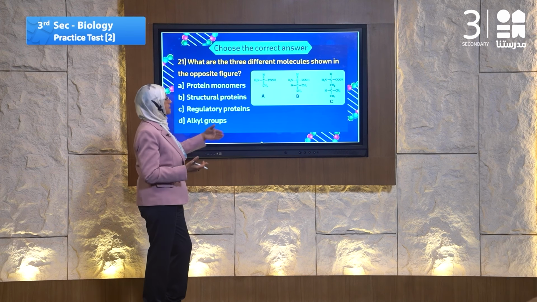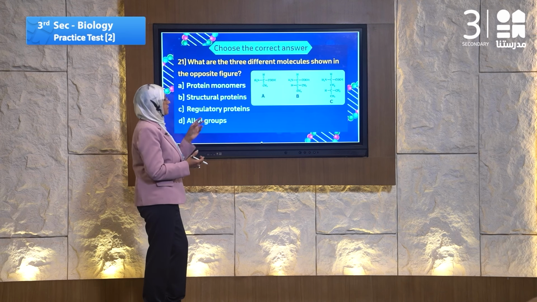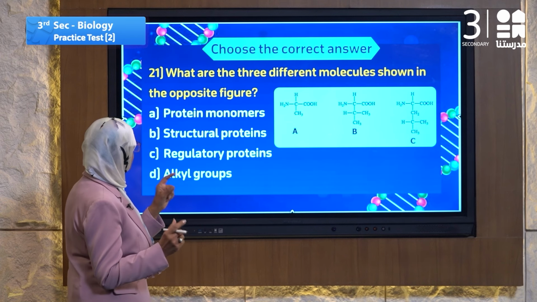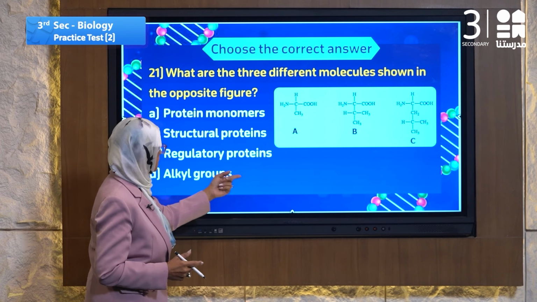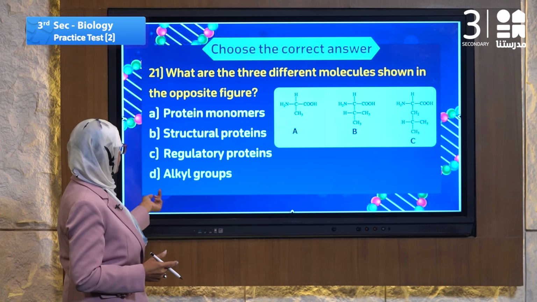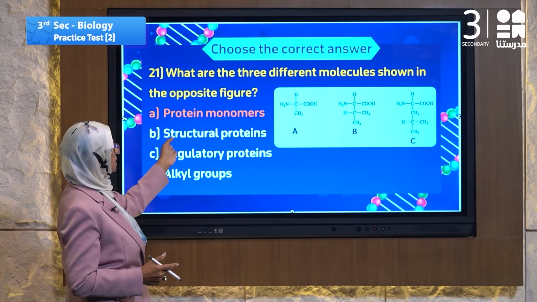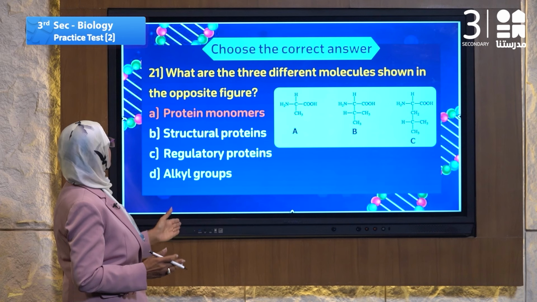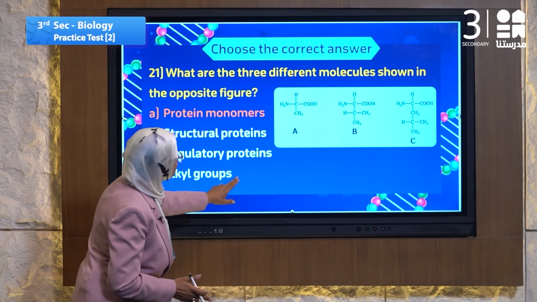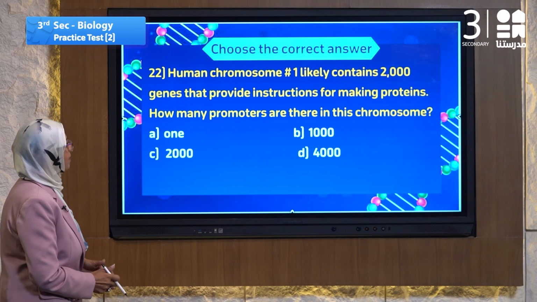It's a monomer because it consists of only a small unit of it. Regulatory protein, alkyl group. No, the answer is protein monomers. That's the structure of these 3 monomers. Okay, let's go to 22.